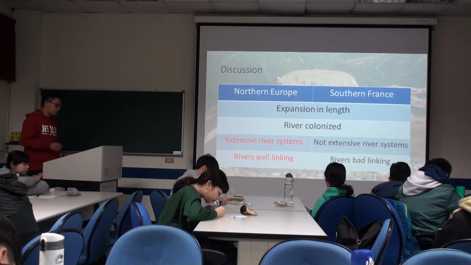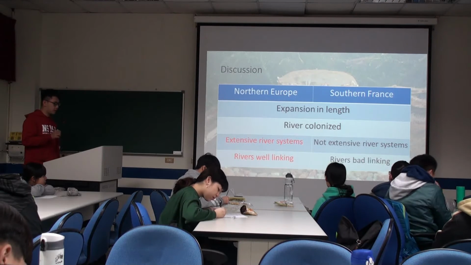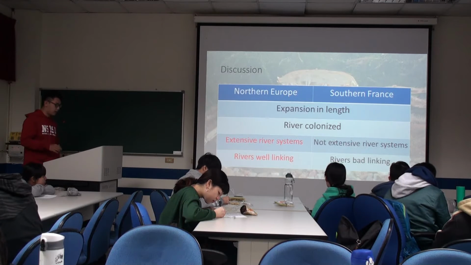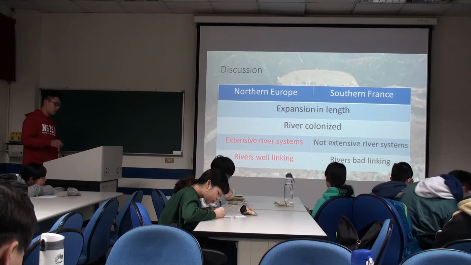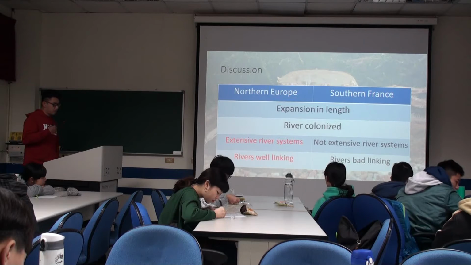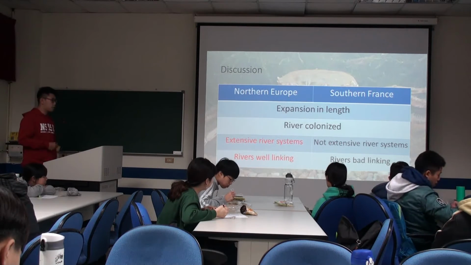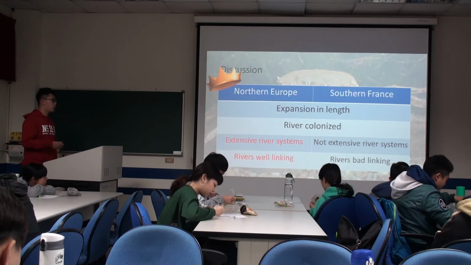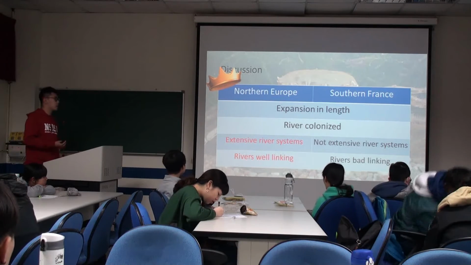But there is an extensive river system in Northern Europe, which means the rivers are well linked in Northern Europe, and there is not such a well-linked river system in Southern France, which shows that the crabs in Northern Europe spread faster than in Southern France.